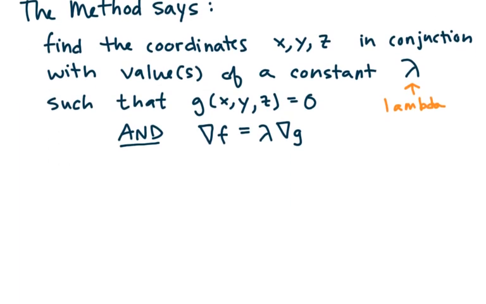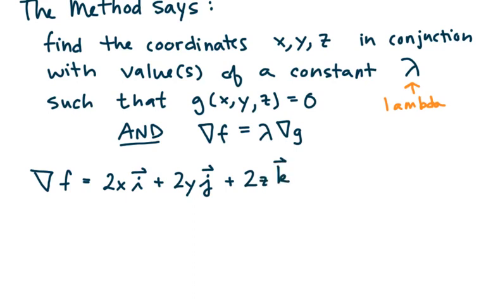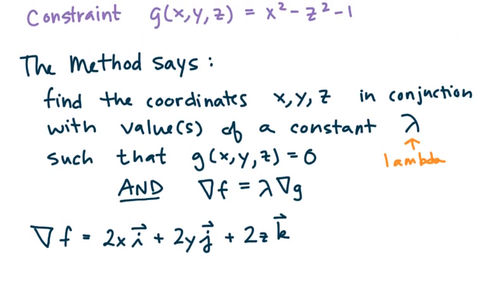So my gradient of f is 2xi plus 2yj plus 2zk. And the gradient of g, that is going to give me 2xi, there's no y term, so I'd have plus 0j minus 2zk.